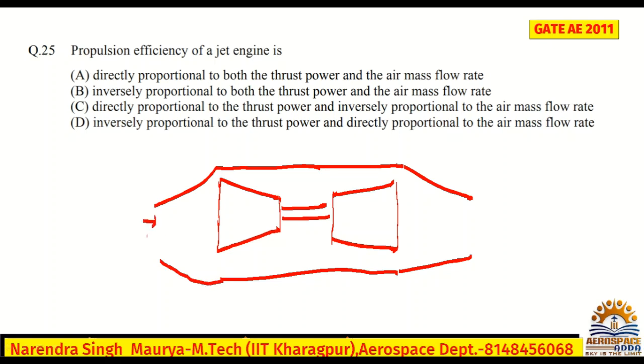Here m dot A is the air mass flow rate, this is the exit, and this is the aircraft speed or free stream. This is the intake, the compressor, combustion chamber, turbine, and this is the nozzle.